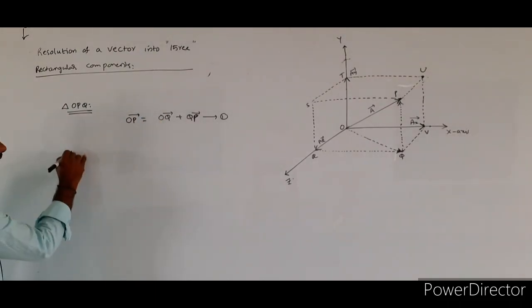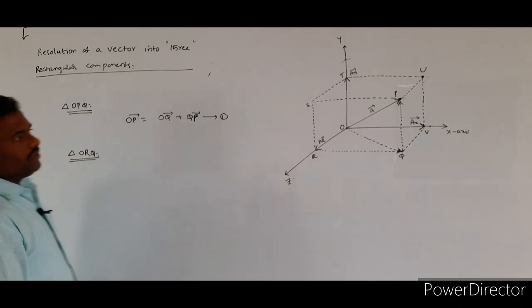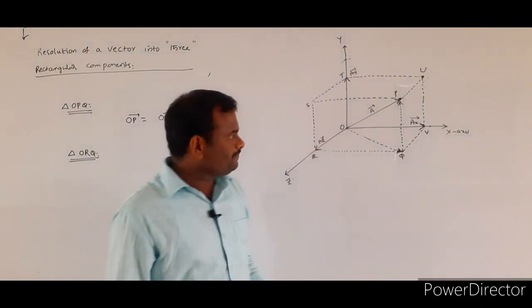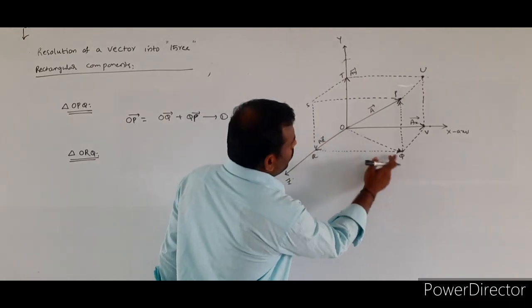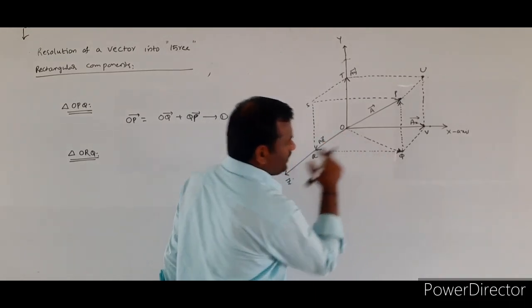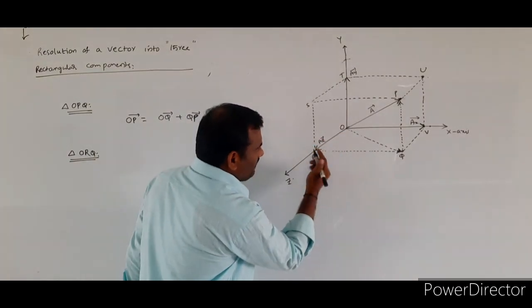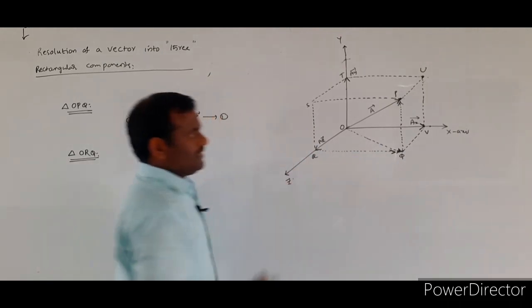Next, one more triangle I considered, that is ORQ. In this triangle ORQ, I am assuming that OQ bar is the closing side. OR bar is the first vector and RQ bar is the second vector.